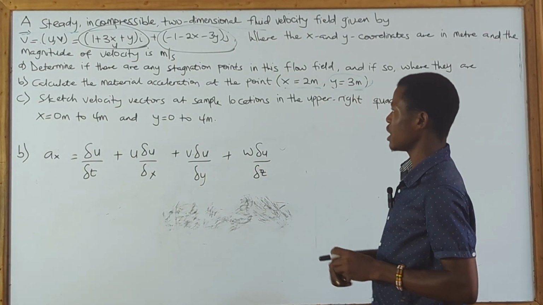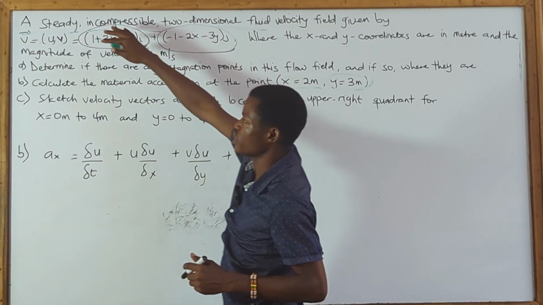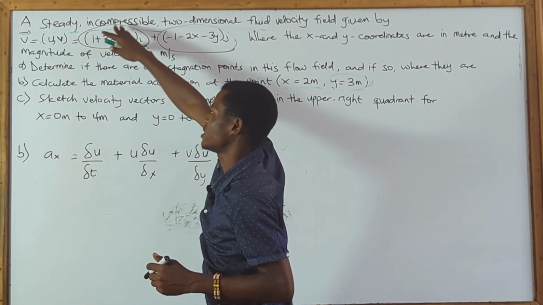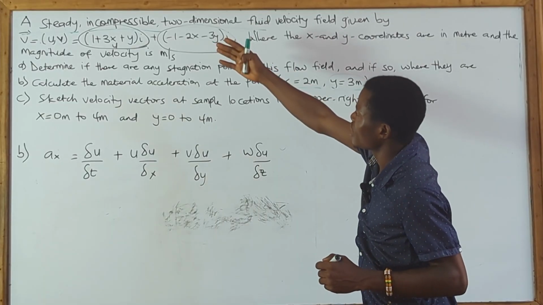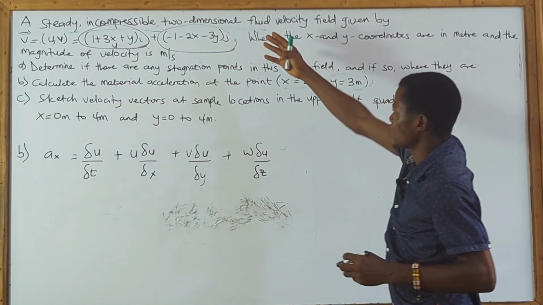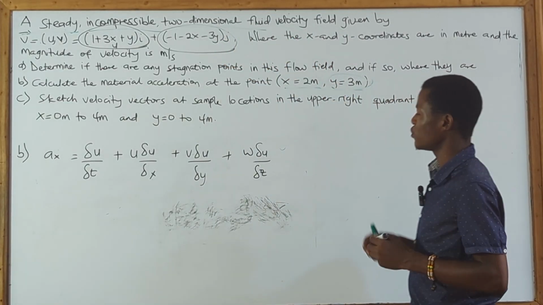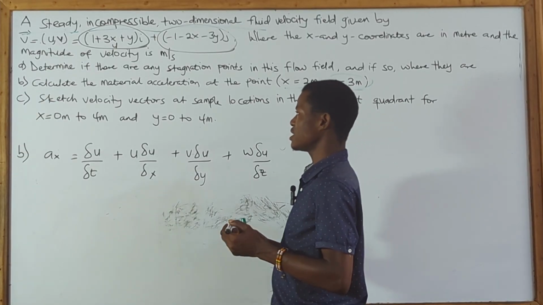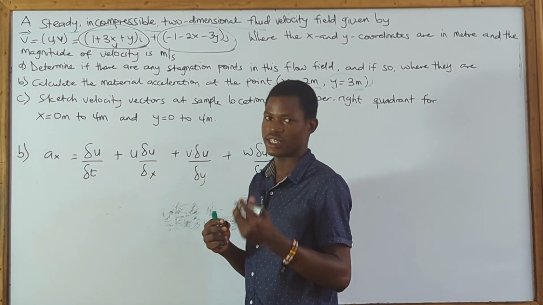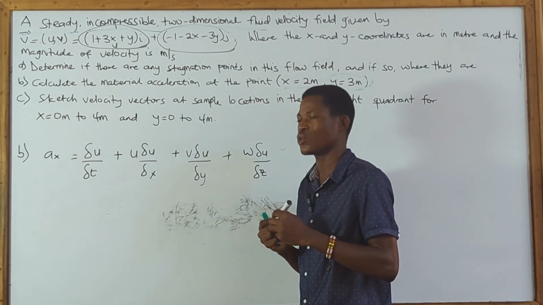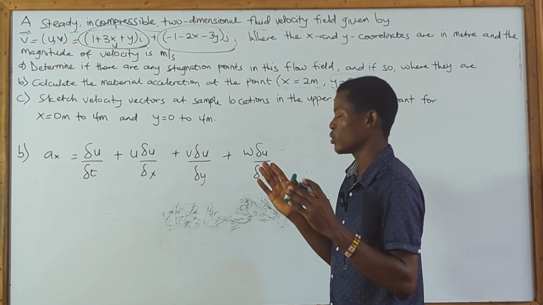At this point we have to make reference to the conditions stated in the question: steady state, incompressible, and two-dimensional flow. For a steady state, we know that the change with respect to t is going to be equal to 0 because it's constant with time.